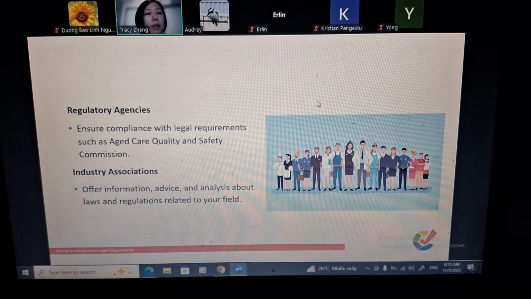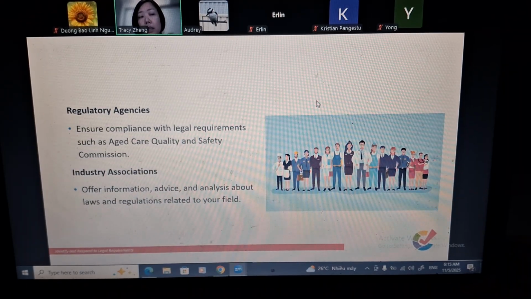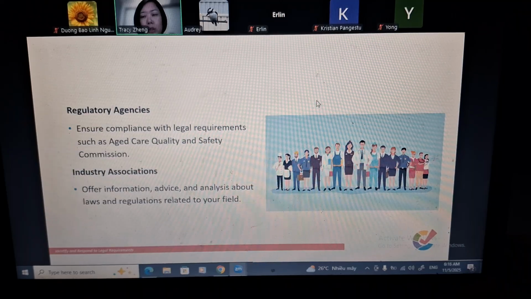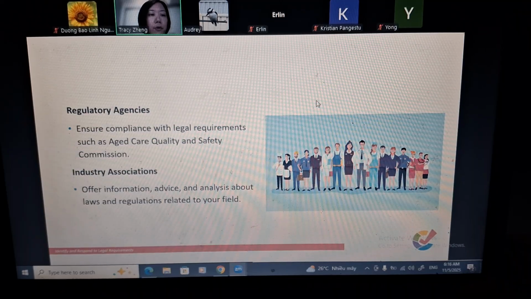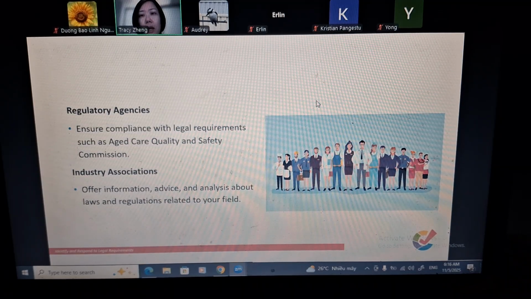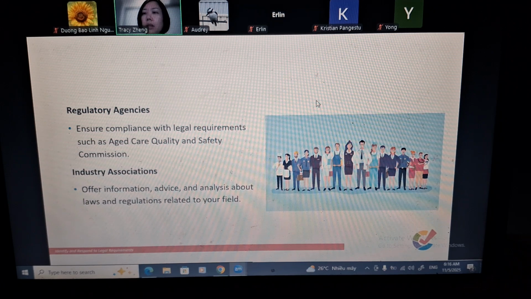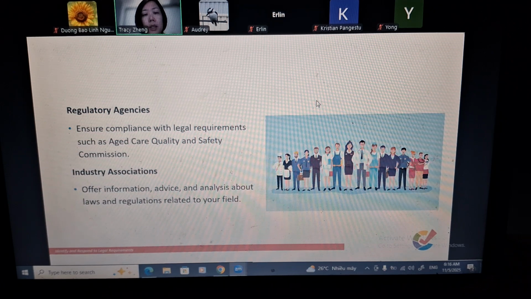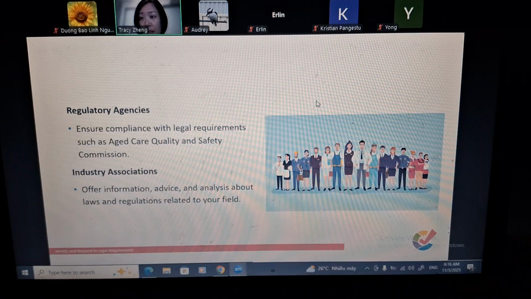And also, definitely you can get a lot of relevant information, especially the legal requirements, from the industry associations, right? For example, your union. I did mention to you guys previously, I would recommend that if you start working in aged care in the future, you probably need to join a union.